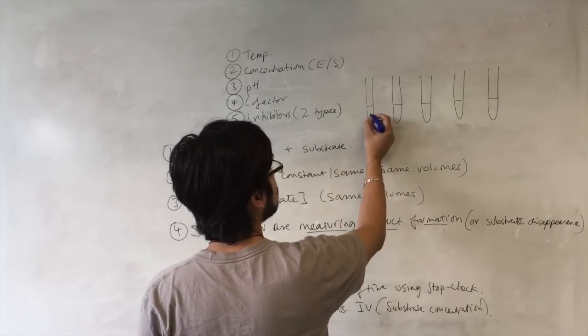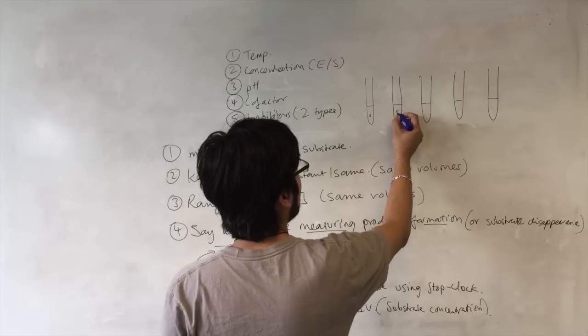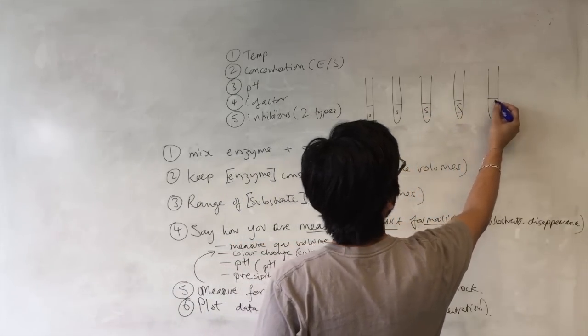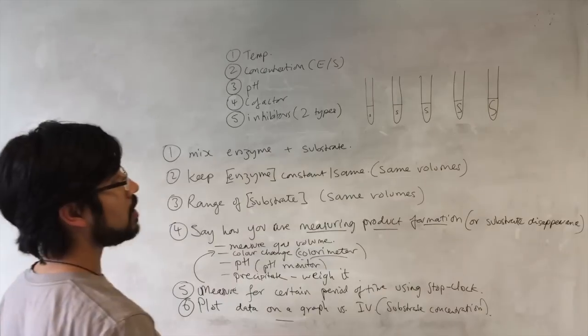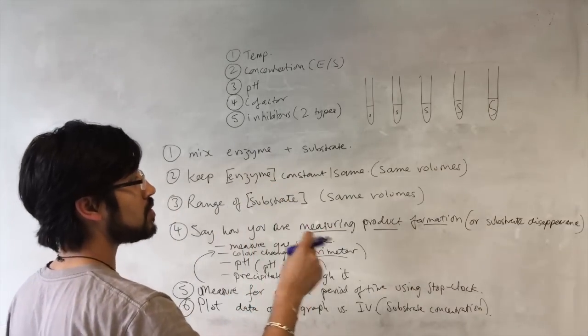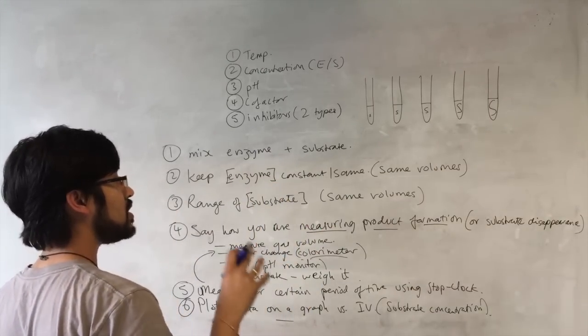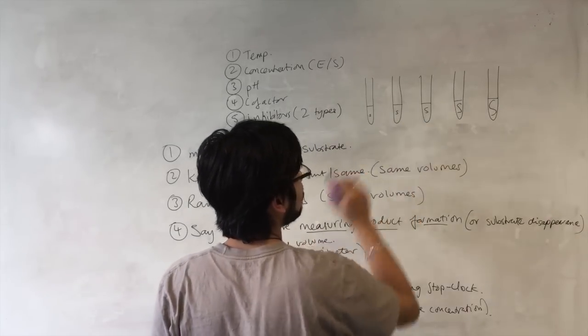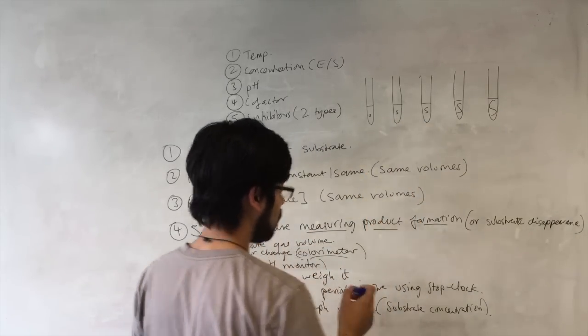That's my substrate. So I would have a little bit of substrate here. I'd have a higher concentration there, a higher concentration there, and a higher concentration there. But the same volumes. I'm making sure that my experiment is valid. All right. So having the same volumes makes that valid, right?